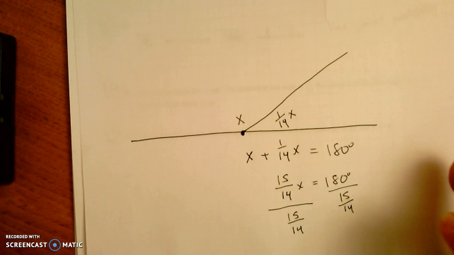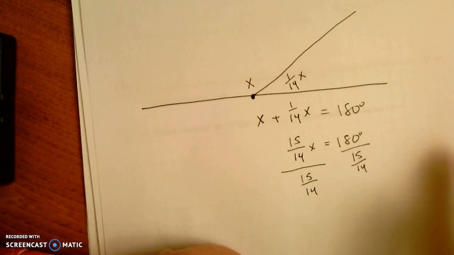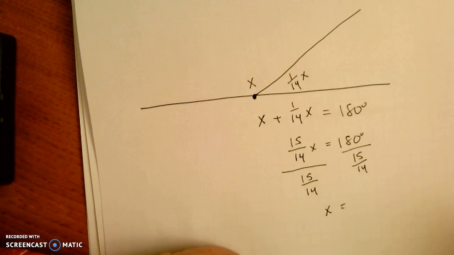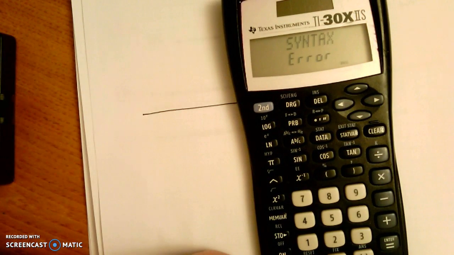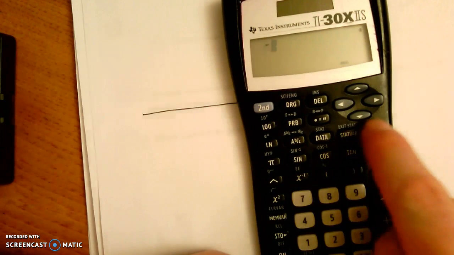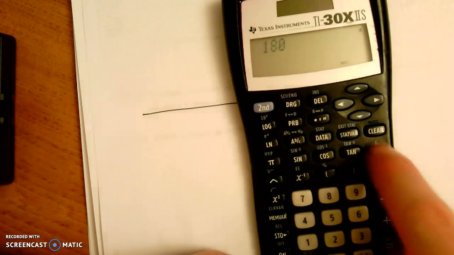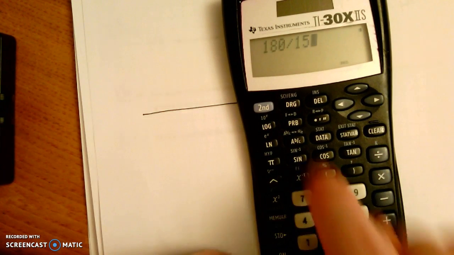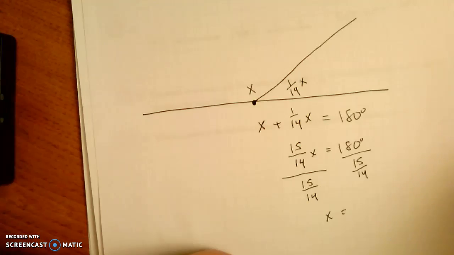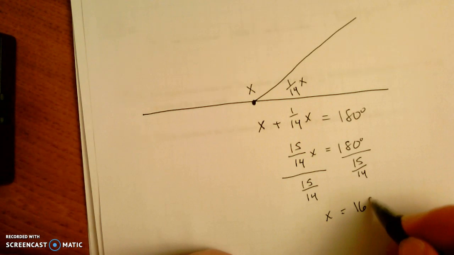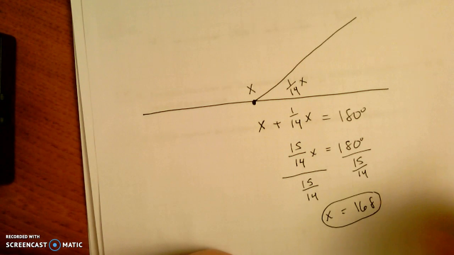Now, this is going to be a little bit tricky, but not so tricky if you have a calculator that does fractions. So let's see. We've got 180 divided by 15/14. Gives us 168. X is 168 degrees.